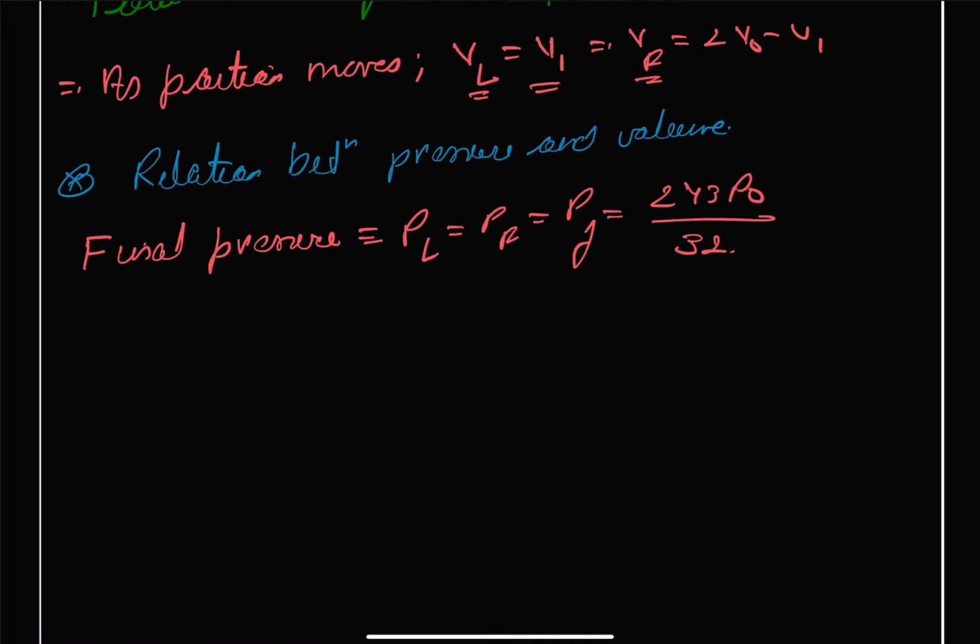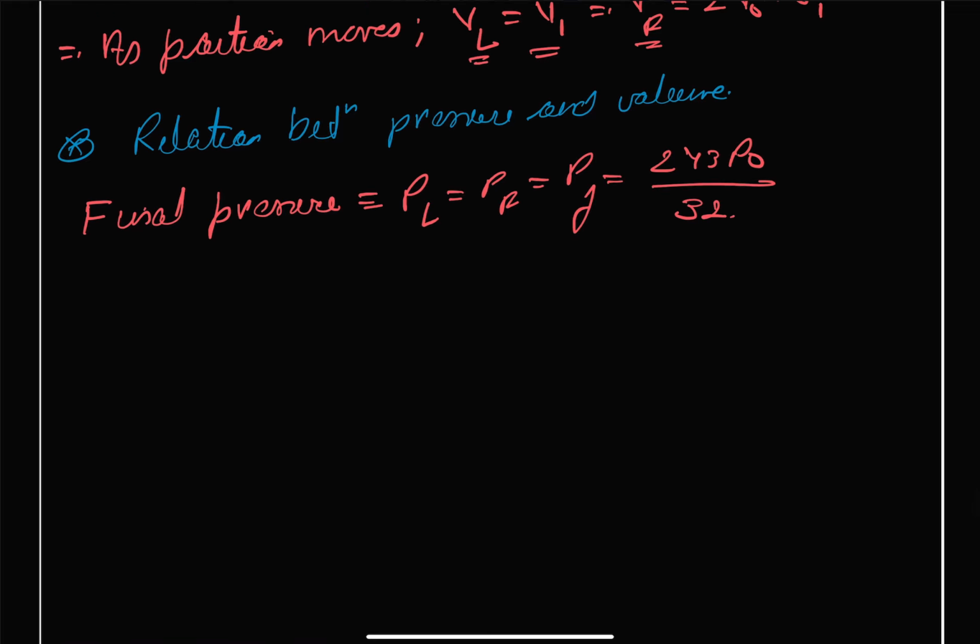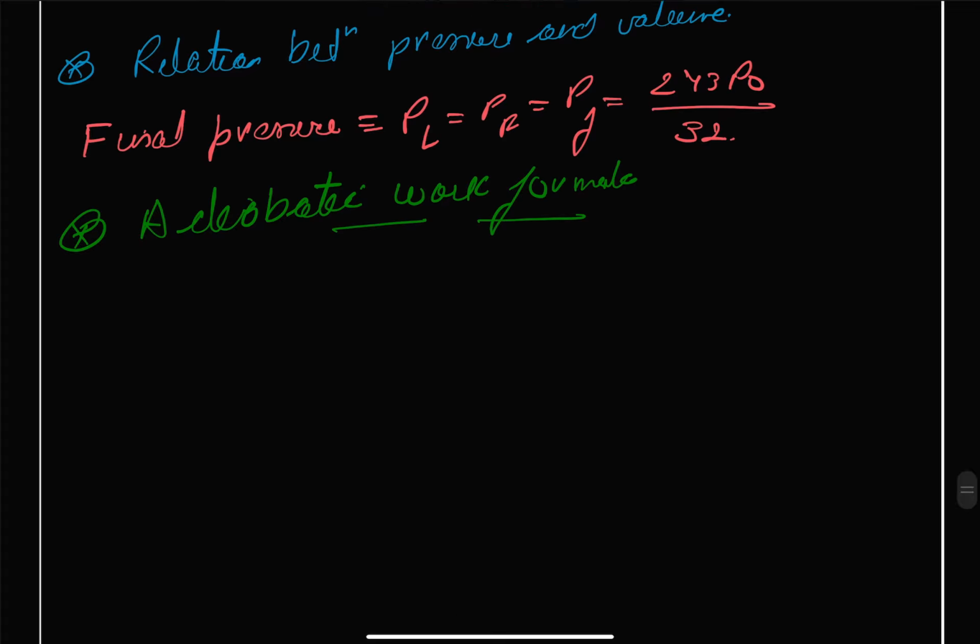But let's use our standard formula, that is our adiabatic work formula, which gives us that the work done is equal to (P2 V2 minus P1 V1) divided by (gamma minus 1).